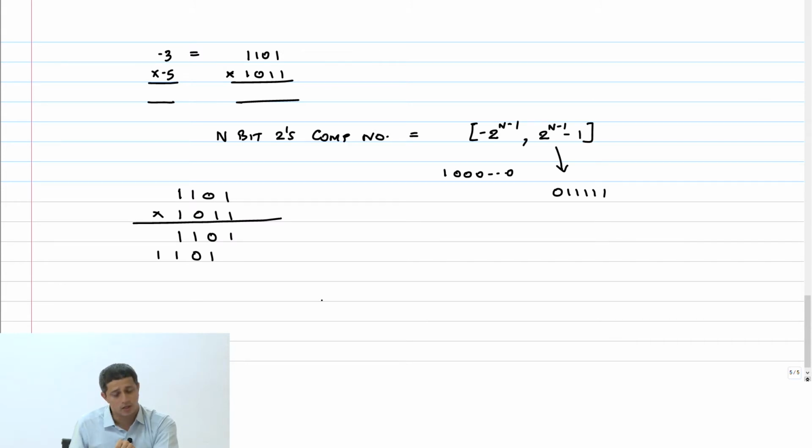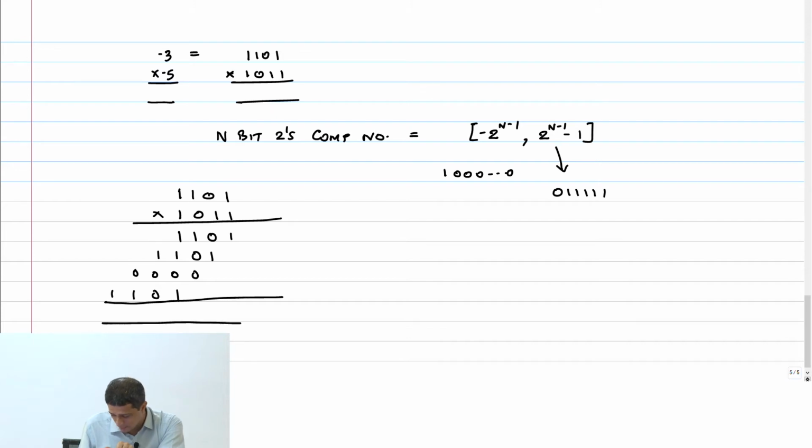What about the third one? All zeros, so this will just be 0, 0, 0, 0. Fourth one, 1, 0, 1, 1, 0, 1, 1, 0, 1, 1. So can you now add these numbers and tell me what you get?